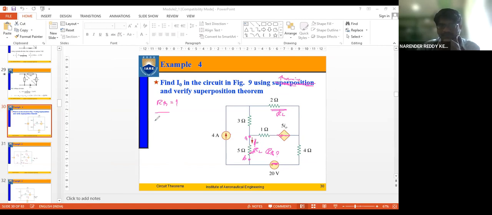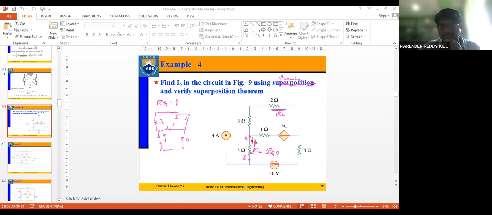We have drawn resistors here, 3 ohms, 1 ohm. This was shorted and this was a resistance of 2 ohms, 4 ohms. And this was A and this was taken as B, right? So this was A, B, this is 1, 3, 2, and 4. How are these two connected? These two are connected in series.